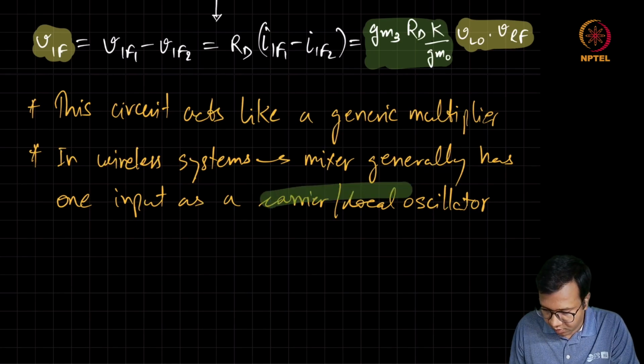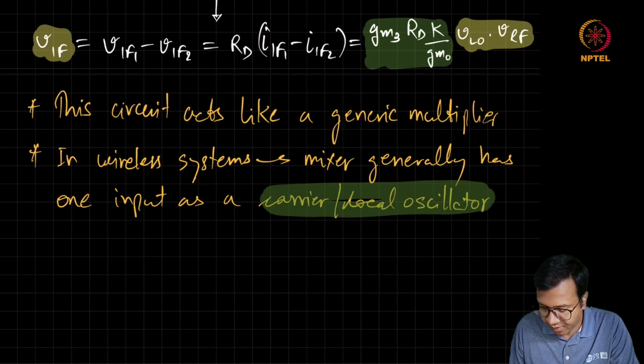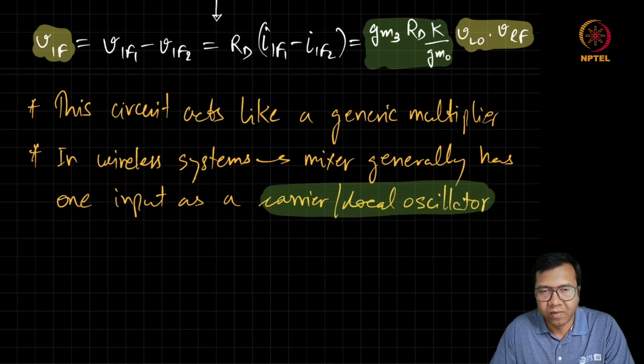And this carrier or local oscillator signal has all the information in its frequency or time period. There is no useful information in the amplitude of a carrier or local oscillator signal.